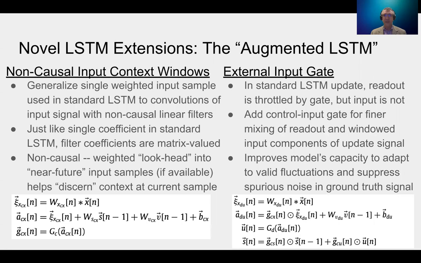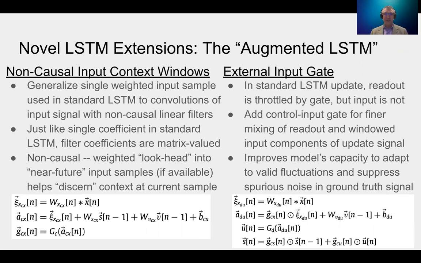The other new LSTM extension, the external input gate, has to do with the composition of the signals making up the update signal. As we saw previously, the update signal is the sum of the system value signal, which is the throttled readout signal, and the external input signal in its entirety.